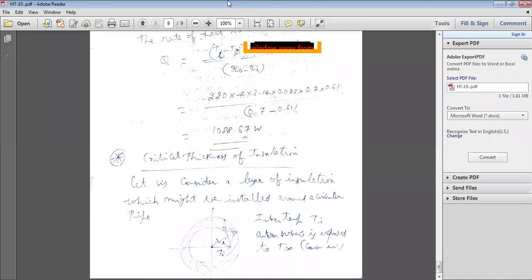There are a number of problems, but they are application oriented towards heat exchangers, industries, industrial applications, boilers, etc. You can apply this heat transfer subject everywhere. If you go to a thermal power plant, it is a very important and very useful subject, and also a very interesting subject.